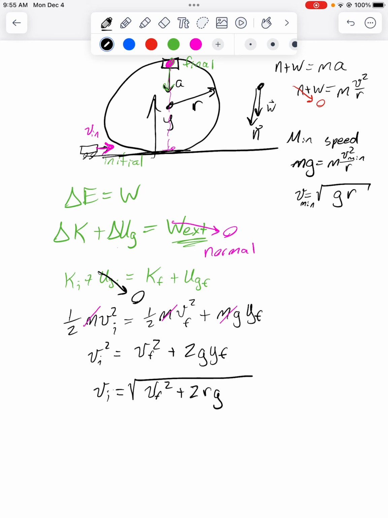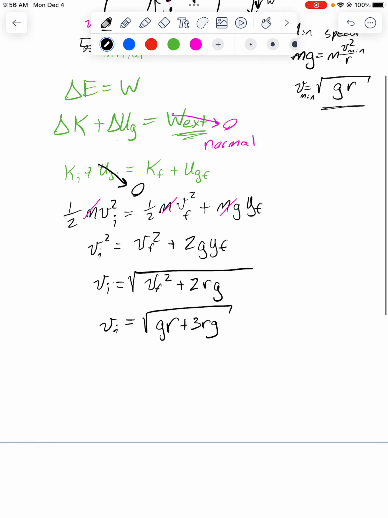Now, if we plug in what we know from up here for our minimum speed when we get to the top, if we plug that in for vf squared, we get gr plus 4rg, so the total is 5gr.